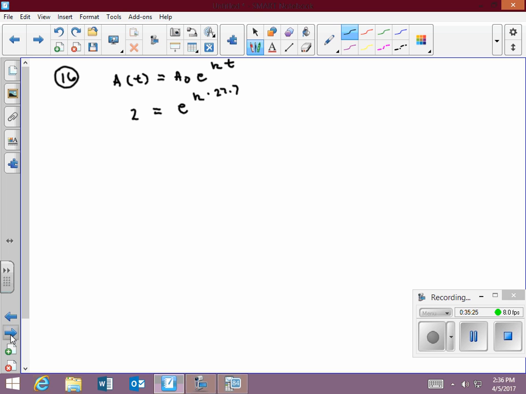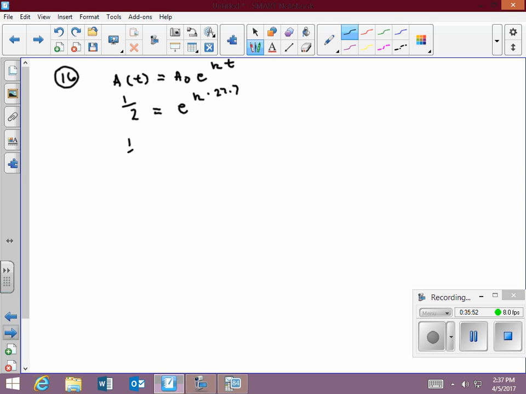So now what are we going to do? ln of both sides, right? Oh, half is going to be 1/2. Wow, I almost tried to skip a step. Because it'd be half of the 75, and then when you divide 75 into it, it'd be 1/2.